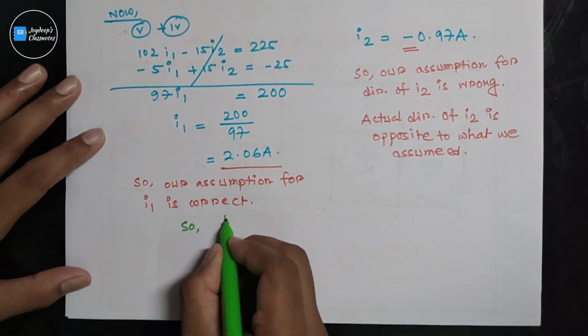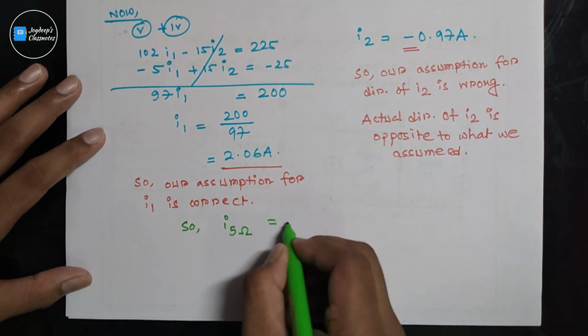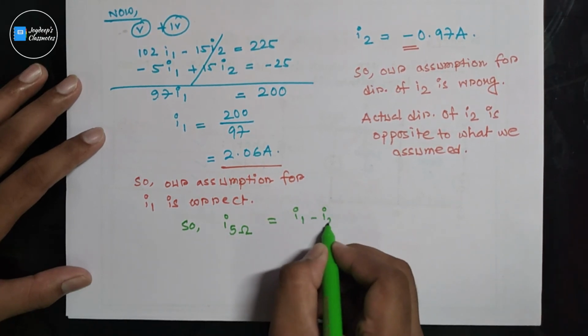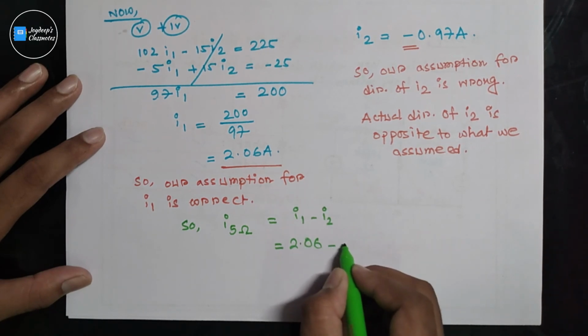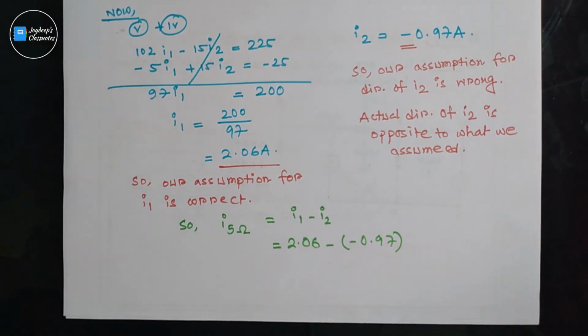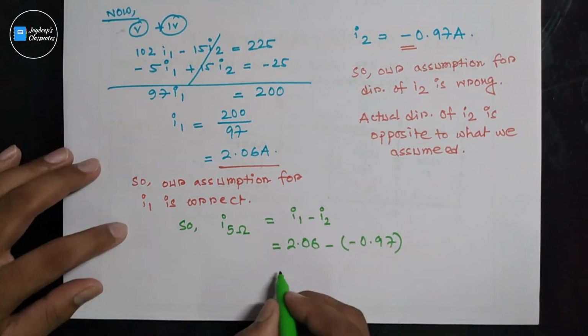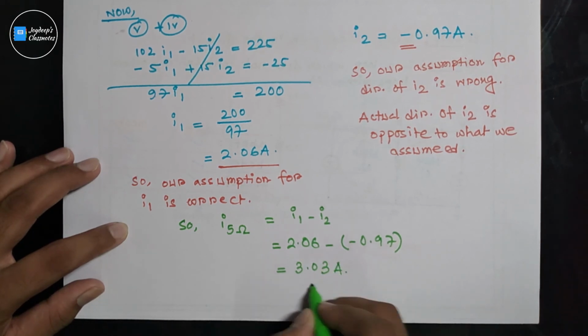The question says we have to find out I, that is current flowing through the 5 ohm resistor. So that was I1 minus I2, right? So 2.06 minus of 0.97 and that becomes 3.03 amps.